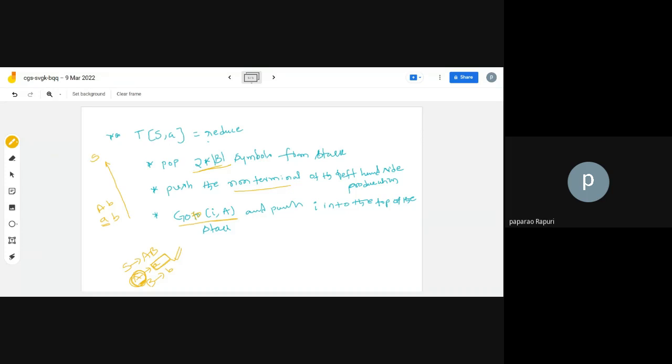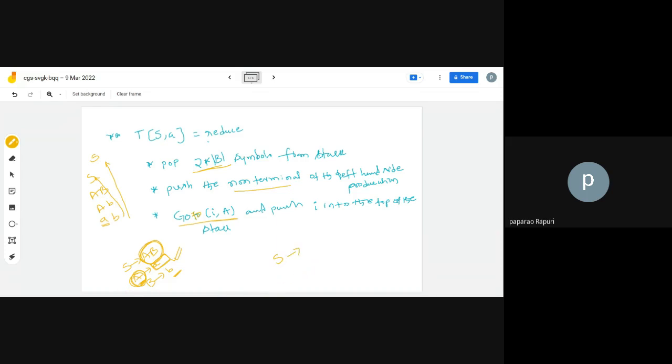In the next step, B is the handle, so we are replacing b with B. Then AB is the handle, and we are replacing AB with S. For the process of moving from leaves to root, we need to identify the handles. That is the process we need to do in bottom-up parsing. Every time we need to check what the handle is.